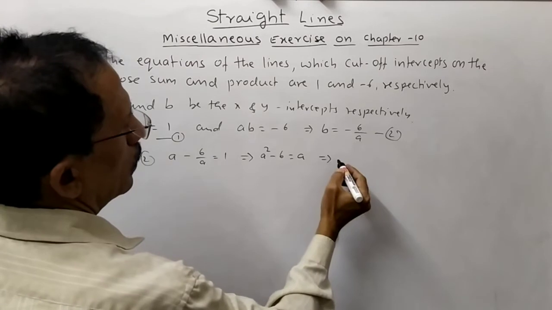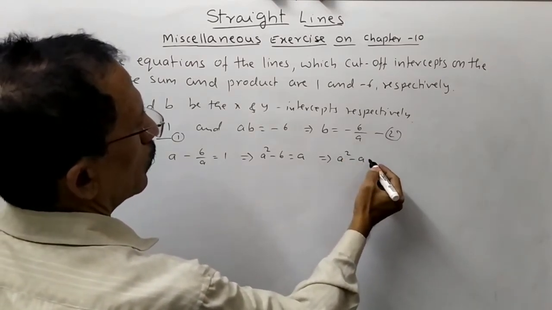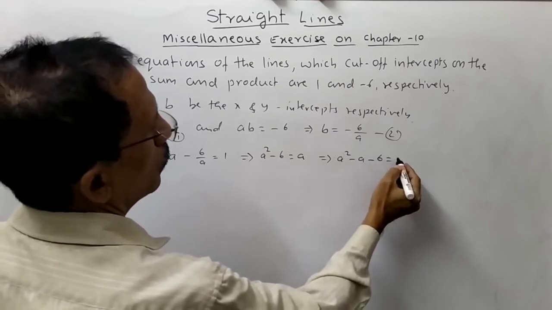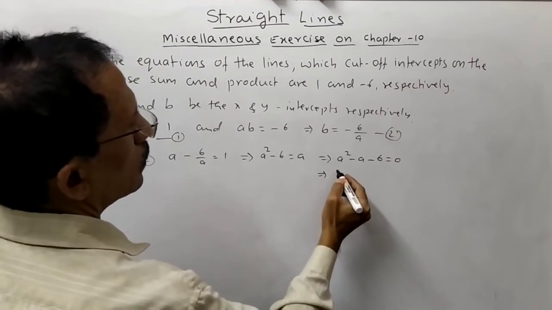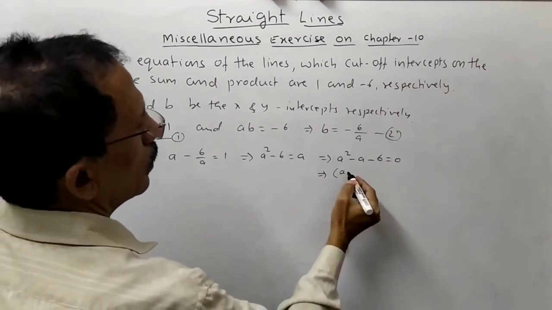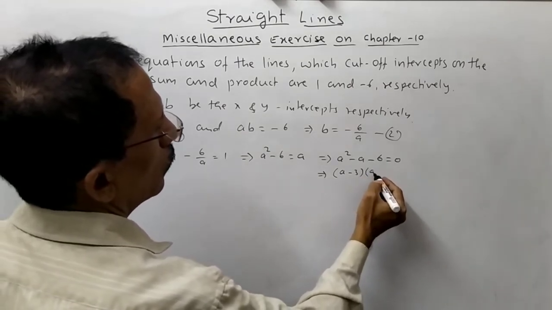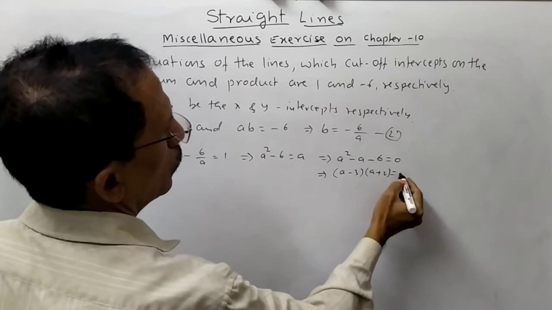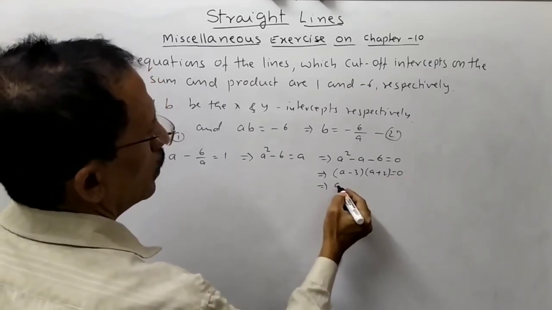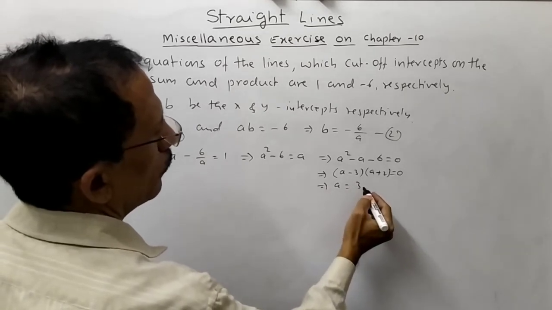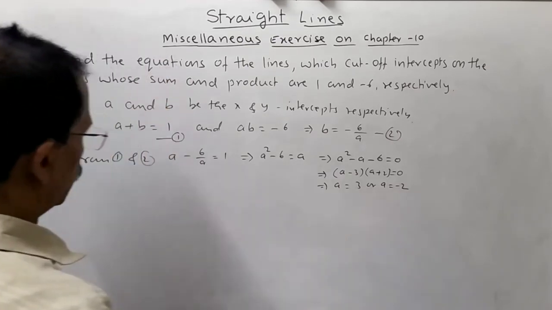This implies a square minus a minus 6 is equal to 0. This implies (a minus 3) into (a plus 2) is equal to 0. This implies a is equal to 3 or a is equal to minus 2.